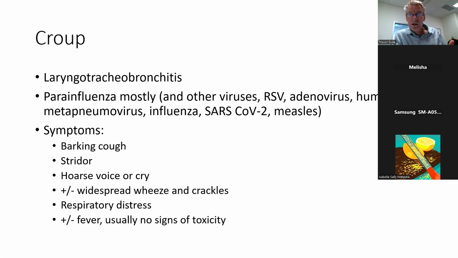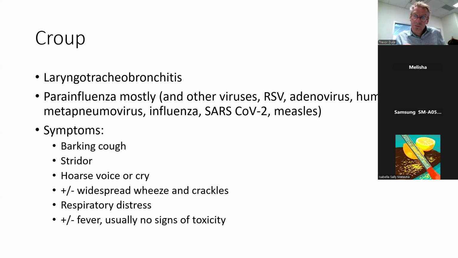Mostly these are due to a virus, and the common virus causing croup is parainfluenza. Some other viruses during viral outbreaks can also cause croup. We see quite a bit of croup with respiratory syncytial virus, the common cause of bronchiolitis, also with adenovirus and another virus called human metapneumovirus. It's again quite common with influenza. If you have an influenza outbreak, then some children will get croup. And we saw quite a bit of croup during the COVID pandemic with the COVID virus.